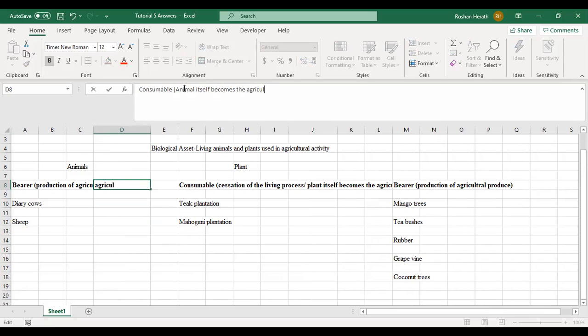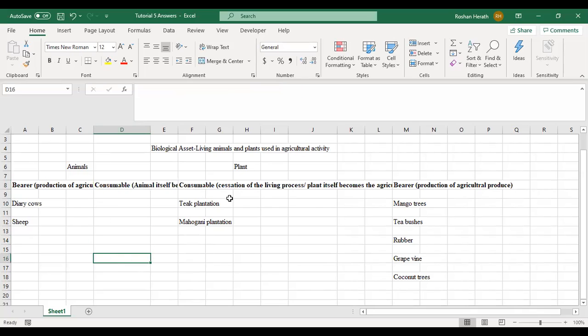So that is the cessation of the living process.